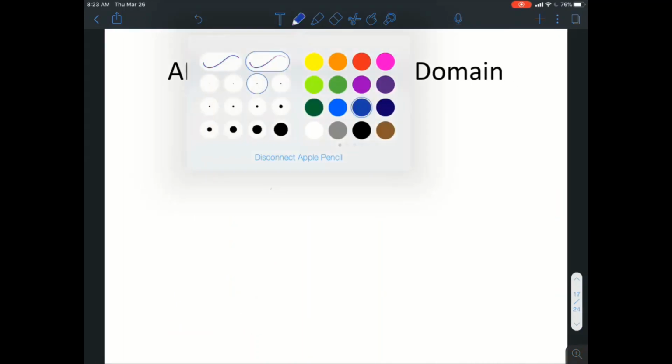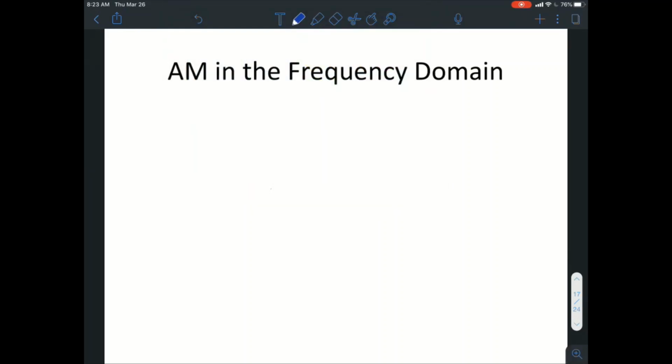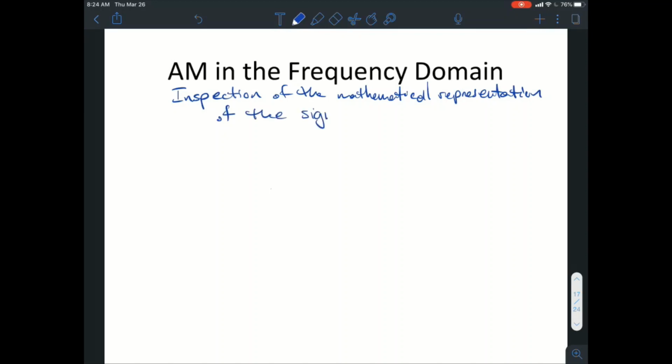If you recall, when we are doing frequency domain information, we get all our information by inspection, so we are going to look at the mathematical representation of the signal.